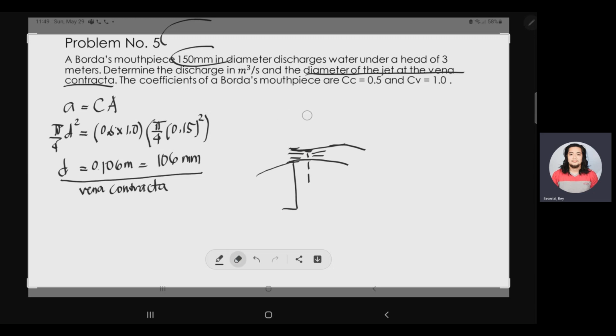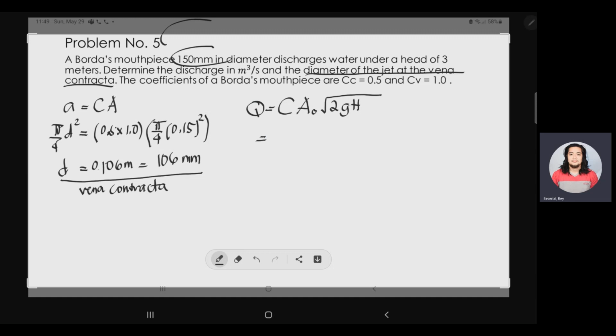So, next, kukunin natin yung ating discharge. So, discharge natin, ang formula is equals to coefficient of discharge times area. Area ng ating orifice ha, hindi yung vena contracta, since yung vena contracta is yung ating liquid yan. So, area ng orifice times square root of 2gH.